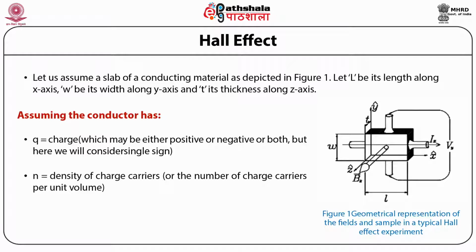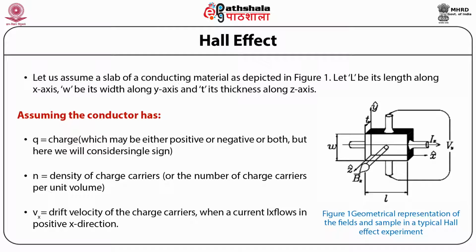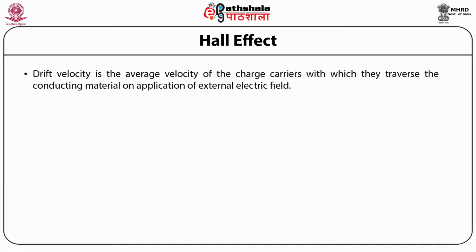N is equal to the density of charge carriers, or the number of charge carriers per unit volume, and Vx equals the drift velocity of the charge carriers when current Ix flows in the positive x direction. Drift velocity is the average velocity of the charge carriers with which they traverse the conducting material on application of an external electric field.